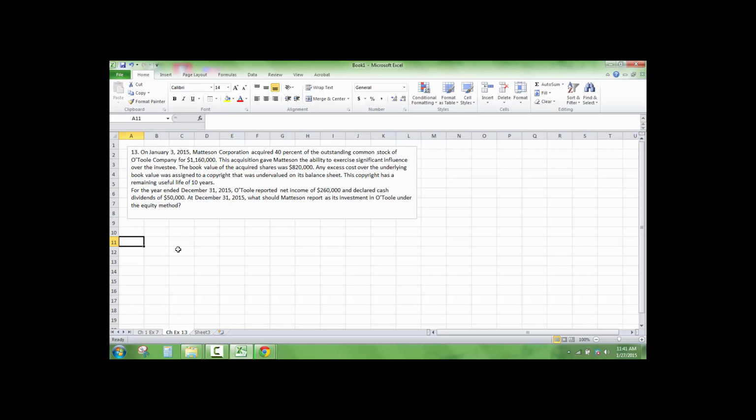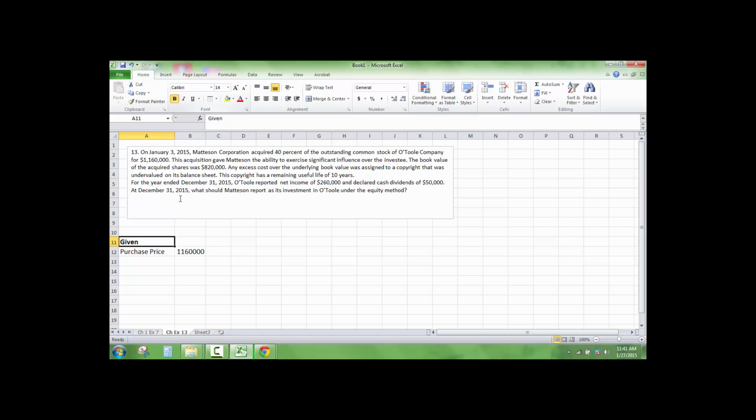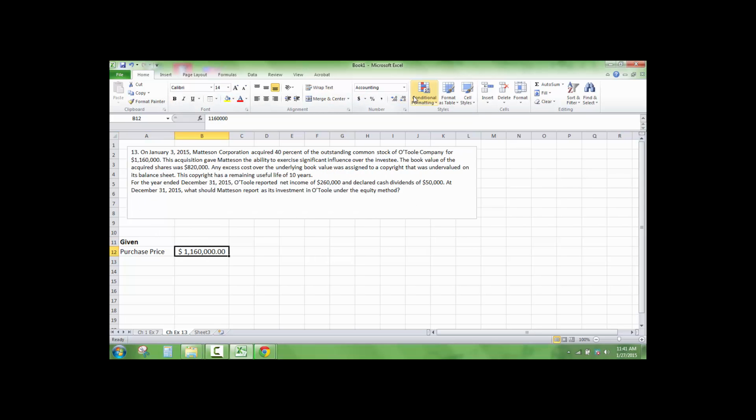Okay, so given, we have purchase price of $1,160,000. Then we have ownership percentage, which is 40%. We have book value of O'Toole, which is 820,000.